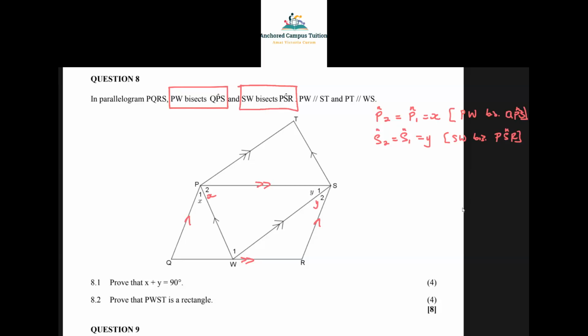Now, according to co-interior angles, if you add QPS plus RSP, that equals 180 degrees. Co-interior angles.